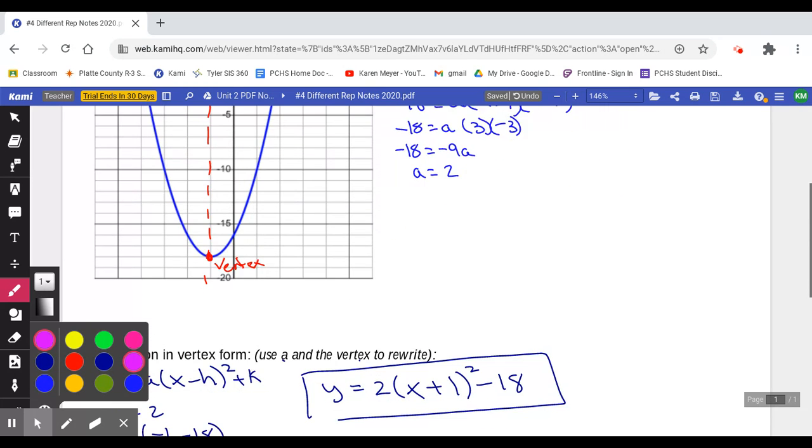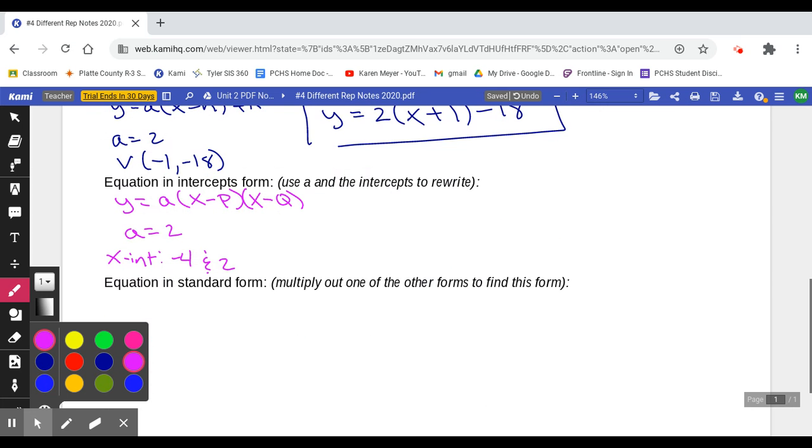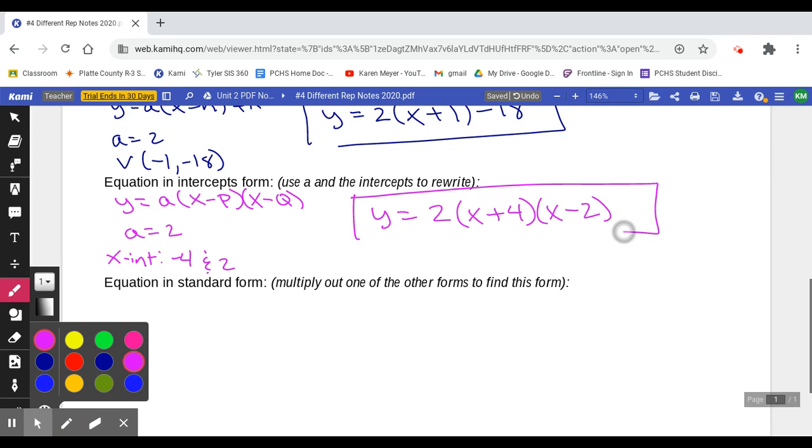Let me double check that. Yes, they are. So now plug in for a, p, and q. So y equals 2(x, switch the sign, +4)(x, switch the sign, -2). Done.